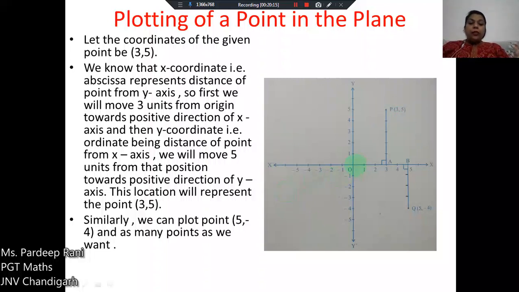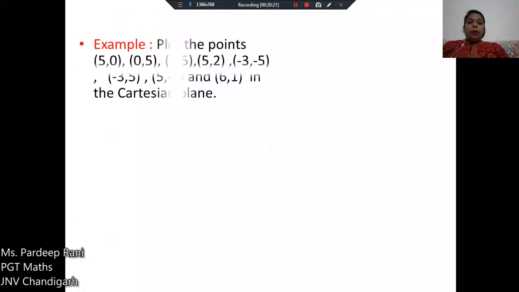Dear students, similarly we can plot the point (5, -4) and many more points in this plane. Now there are some points to be plotted by you, for example (5, 0), (0, 5), (2, 5), (5, 2), etc., in the Cartesian plane.